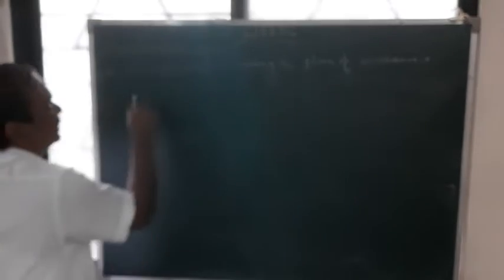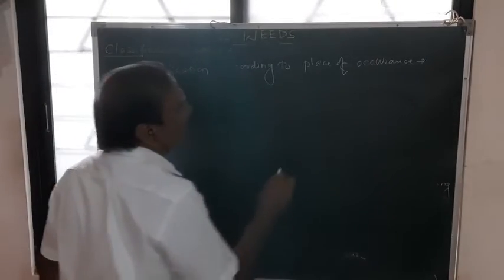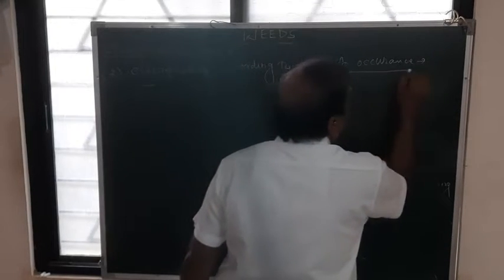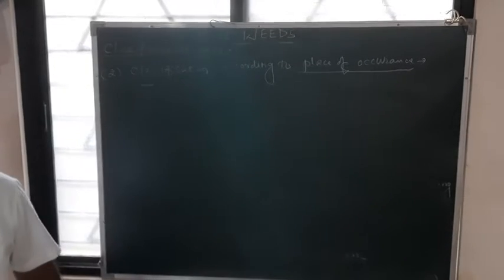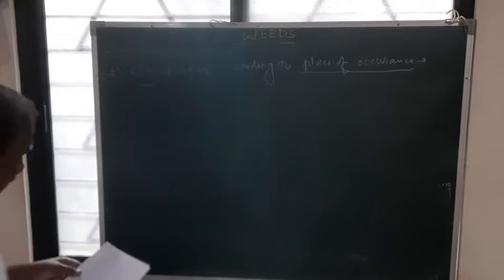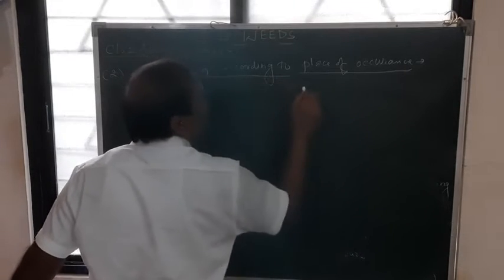Weeds can be put in different categories on the basis of place of occurrence. Here 5 to 6 categories are there. Number 1 is weeds of cropland.